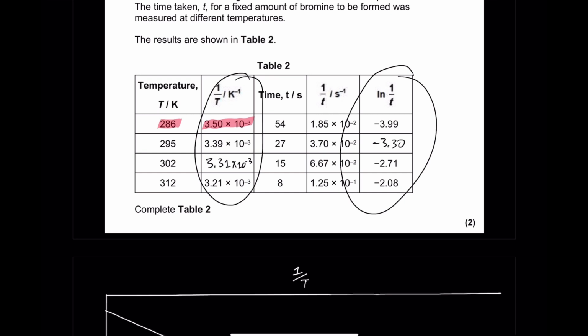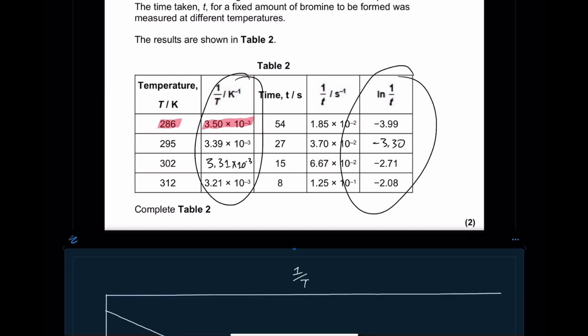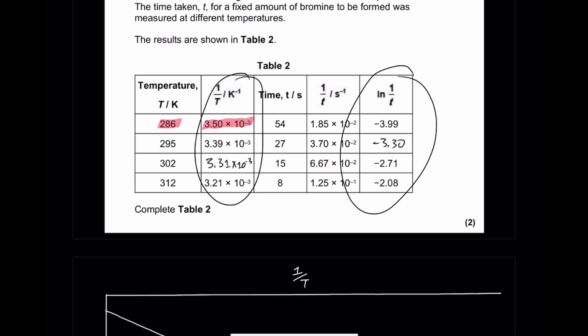The reason why you can just use 1 over t, and I'll also make it clear, there's no problem with using 1 over t. 1 over t and ln 1 over t, you can use either when it comes to your x-axis. The reason is because 1 over t is such a small value, you can't easily distinguish between 1.85 times 10 to the power minus 2 and 3.7 times 10 to the power minus 2.